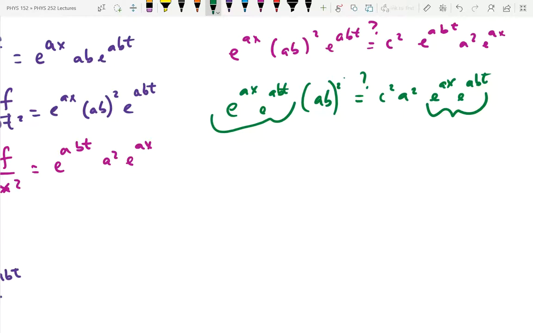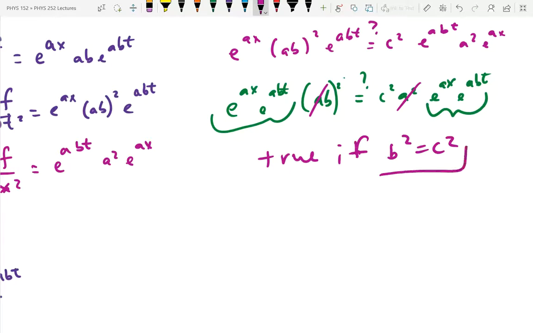So those are always equal. I can cancel the a's. And this is true if b squared equals c squared. And so it's a solution with the speed of b.